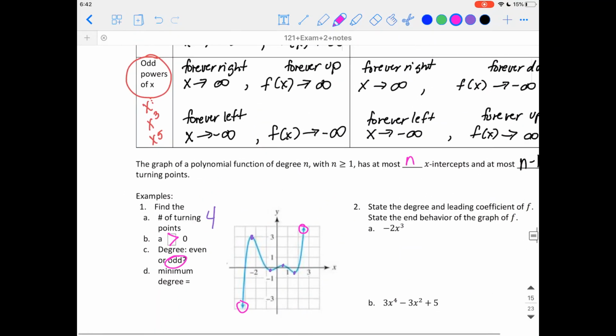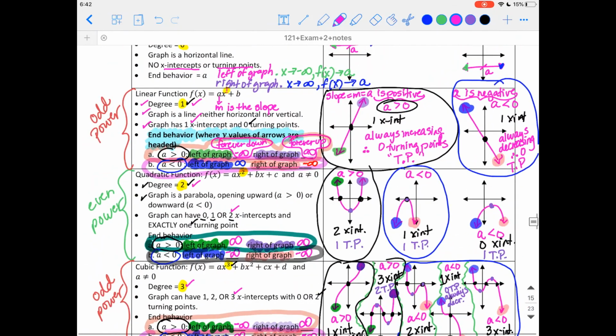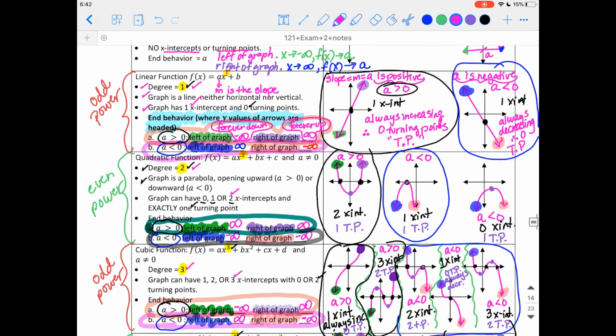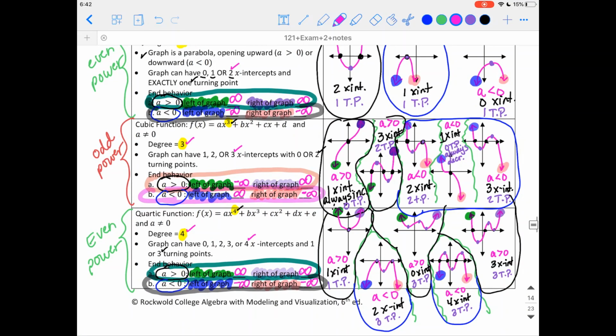And the reason why it's odd, there's something that I need to know that you know. If you look at the even powers of x, the x squared and the x to the fourth on the graph, they both have their arrows pointing in the same direction. They're either both going up or they're both going down.